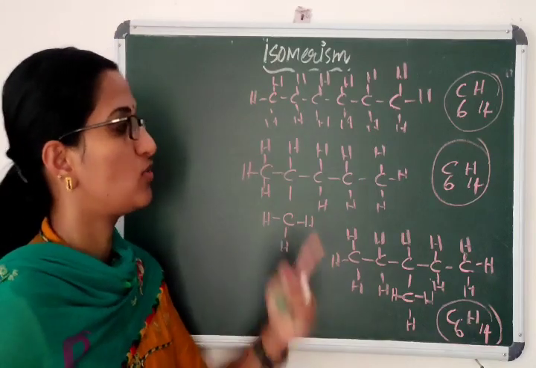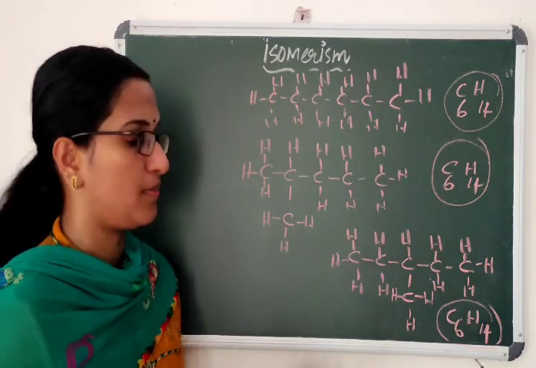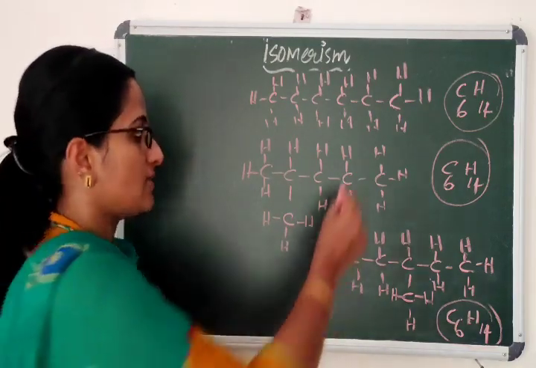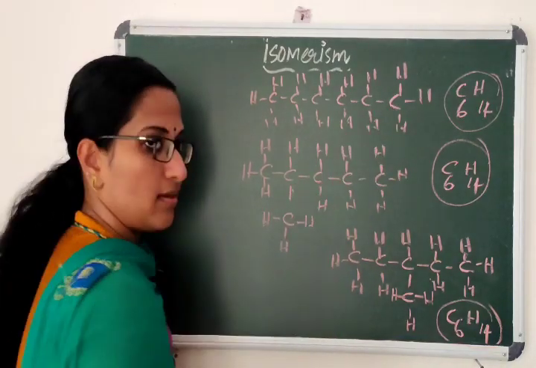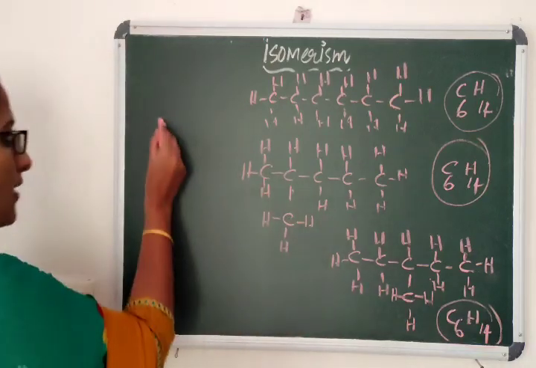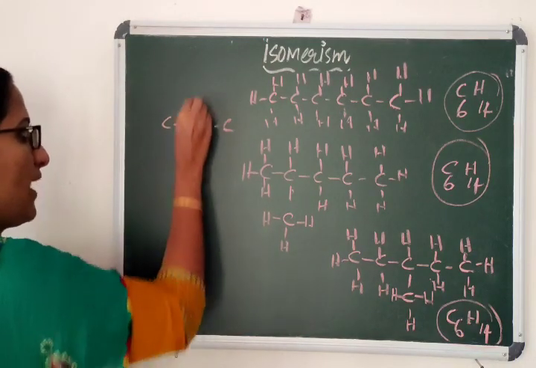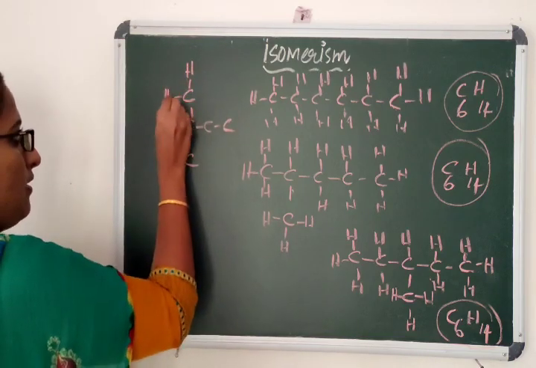You can draw other isomers also. You can change the place of the carbon and keep it in a different branch. You can place this carbon here as a branch. Look here, 3, 4. I can put 2 branches here and fill hydrogen here.